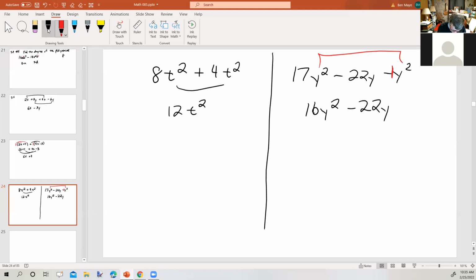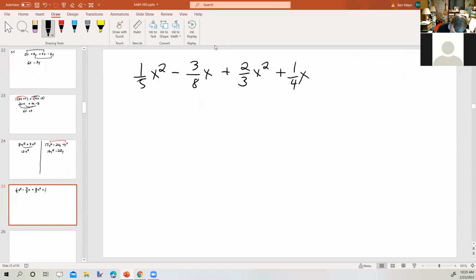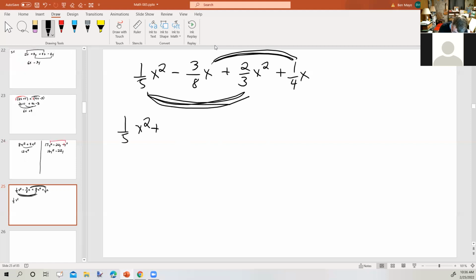Okay, let's see here. This says 1/5 x squared minus 3/8 x plus 2/3 x squared plus 1/4 x. Here, combining like terms, those go together and those go together. The problem with these and with those is they don't have common denominators. So 1/5 x squared plus 2/3 x squared.